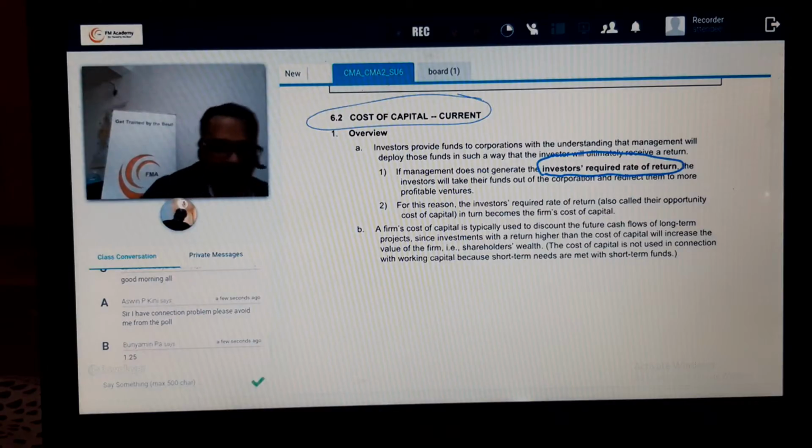Don't think that when someone invests in equity share, there is no cost. No, there is opportunity cost of capital. Instead of putting money in this company, I could have invested somewhere else. This cost of capital is very, very important for a firm.